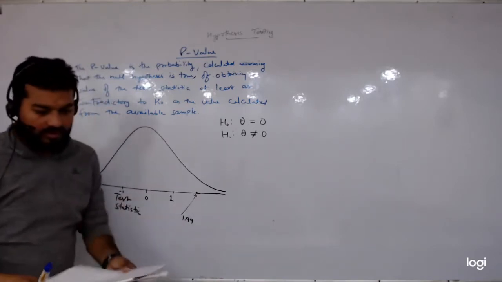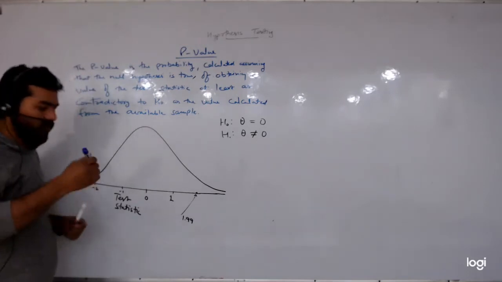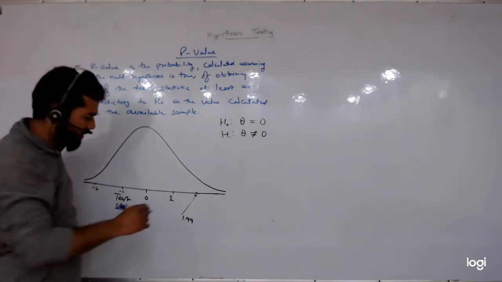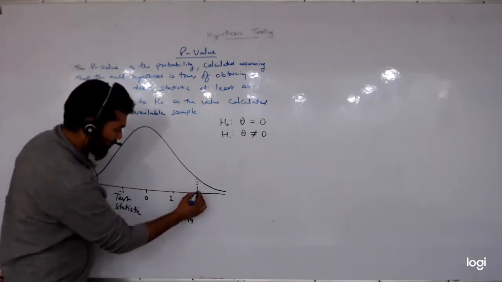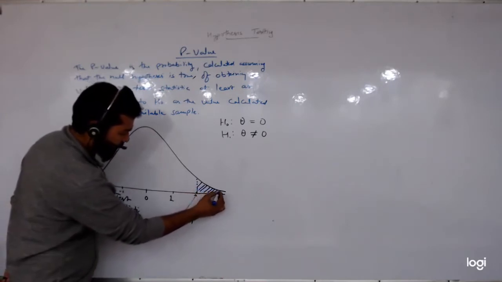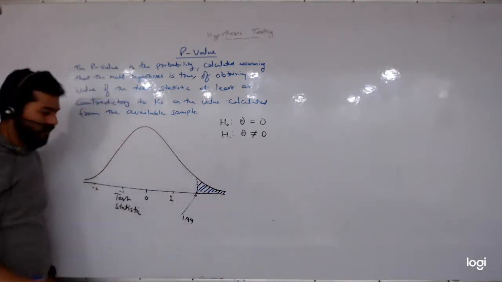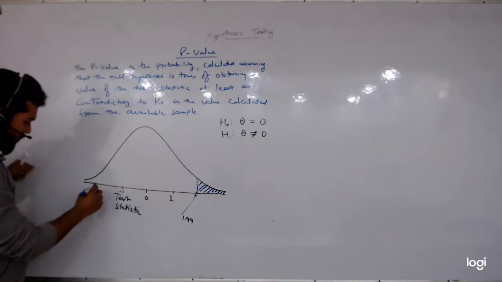I'm going to use blue color now. Red I used for the rejection region, critical value.